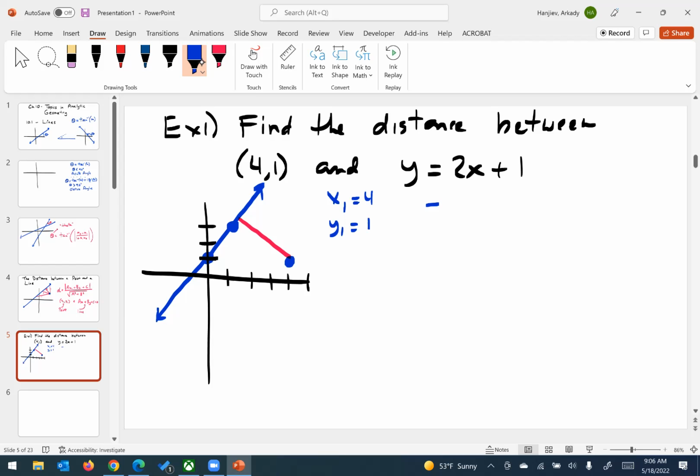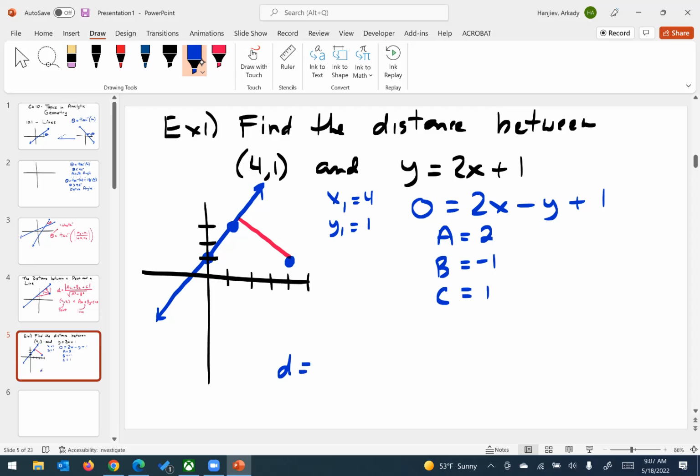From the square root. So I think I'm going to do it that way, yeah. So 0 is equal to 2x minus y plus 1. Is that good? So I got myself my A value, 2, B value, -1, and C, 1. Awesome. And let's start plugging into an equation here.